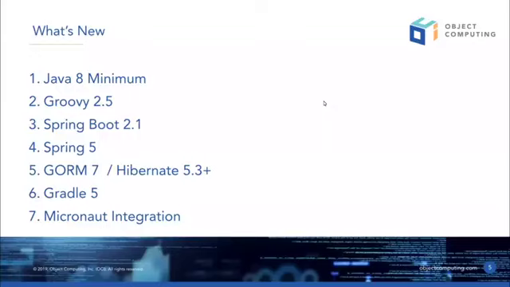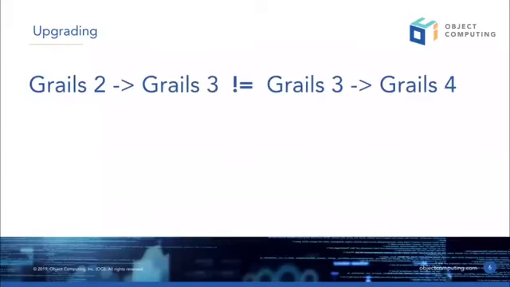Gradle 5 is the supported version of Gradle. When you create an application with the Grails CLI, it will create a Gradle 5 build, and we've also updated all of our builds internally to use Gradle 5. And then also the Micronaut integration, which I talked about.